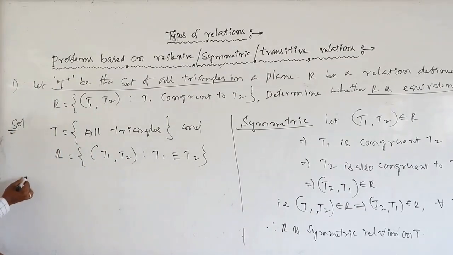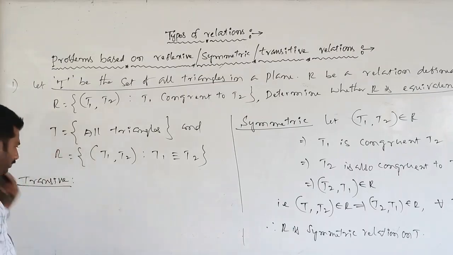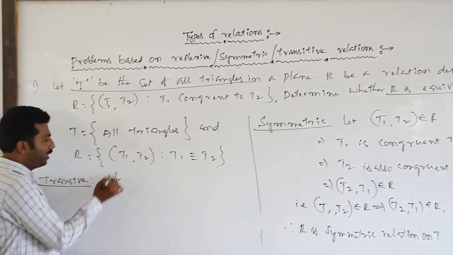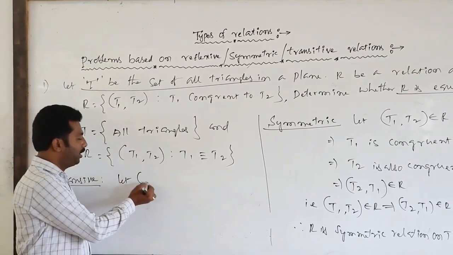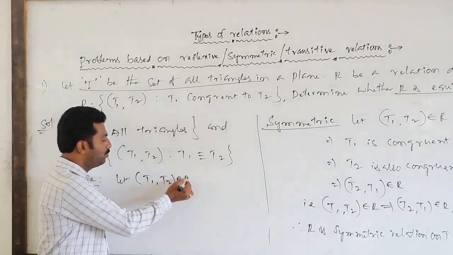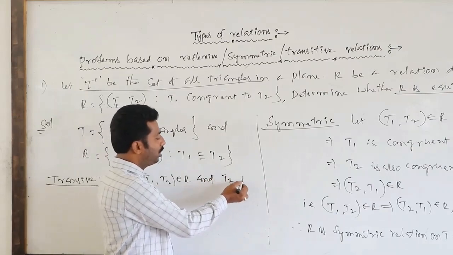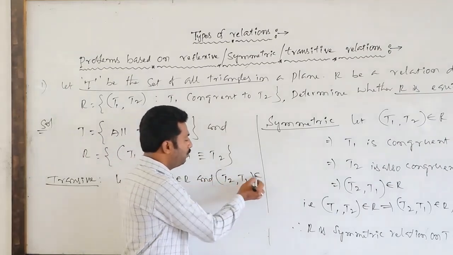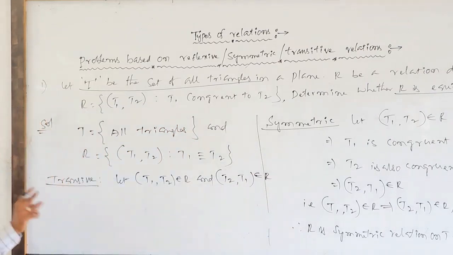Transitivity: whether capital R is transitive or not. It means two pairs we have to select, that is, (T1, T2) belongs to capital R and (T2, T3) also belongs to capital R. Two ordered pairs, linked pairs.